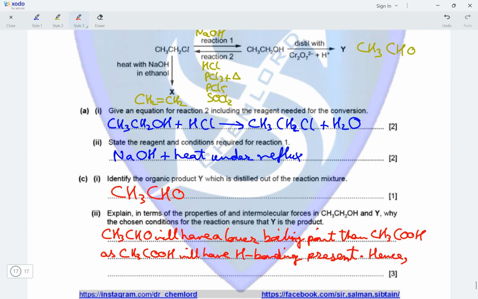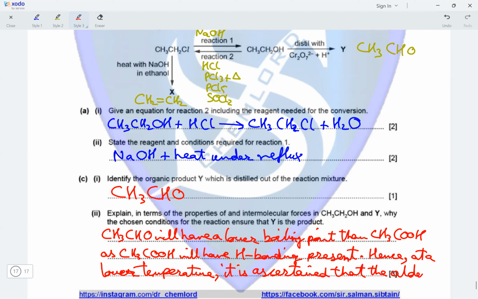Hence, at a lower temperature, it is ascertained that the aldehyde would be distilled out before the carboxylic acid is produced.